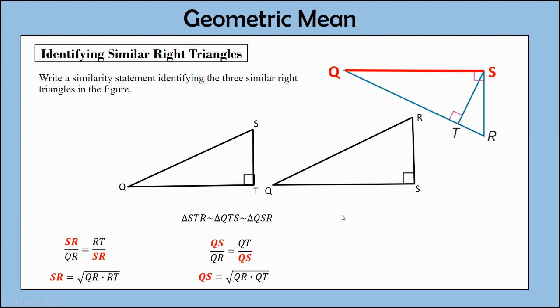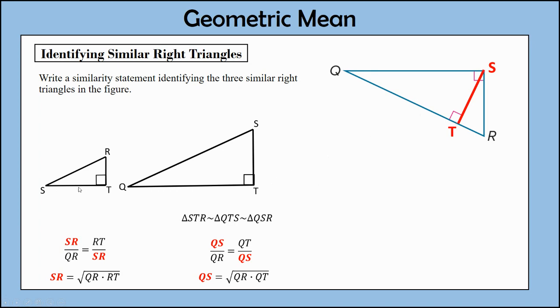And then finally, if I wanted to look at finding ST, which is the altitude that I put in, I'm going to look at the small two triangles. Again, I want to write ratios that involve ST. So I'm going to say ST to QT, RT to ST in my ratio.